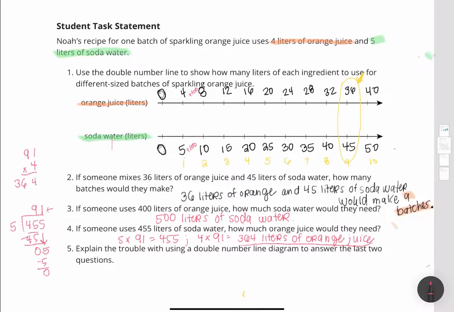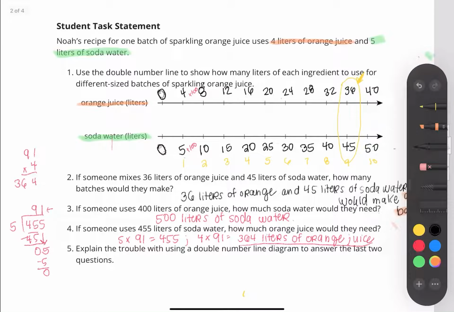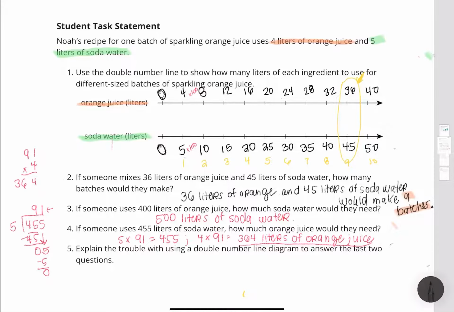Okay, so number 5 asks us, explain the trouble with using a double number line diagram to answer the last 2 questions. So just think about it, okay? If this was on a test, what would have been so hard about it? What was so hard about using the double number line? For me, it would have been too tedious.